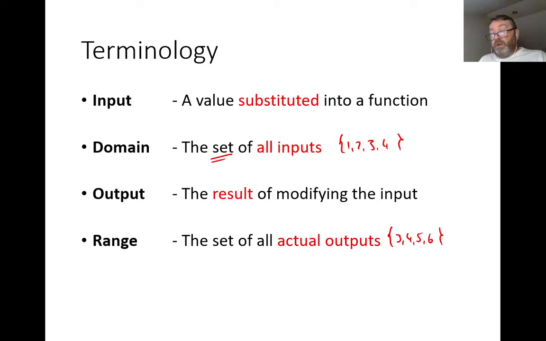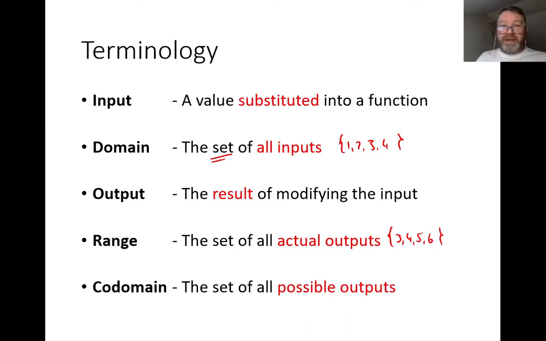Now, there's one other word that I need to introduce at this stage. A lot of people get confused with it, and it's called the codomain. The codomain is nothing more than the set of all possible outputs. So you might have a situation where, for example, take your menu. You walk into a restaurant and you pick up a menu, and from that menu you want to select a certain plate or a certain starter or a certain dessert.